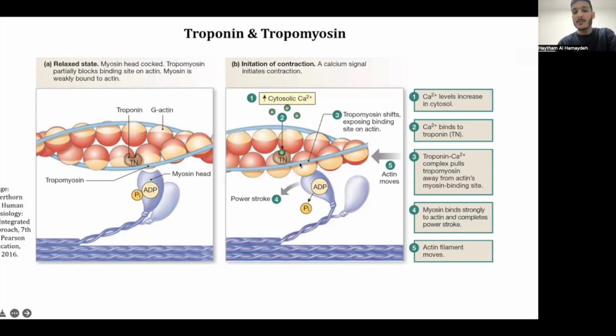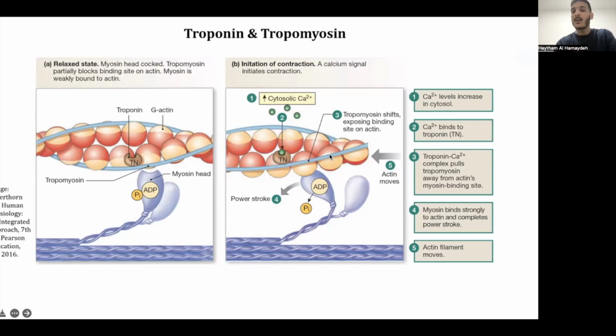And so when this rod-shaped molecule moves from its place, it reveals on those actin subunits, those balls right here, just imagine there's a site on every ball just below this blue rod.